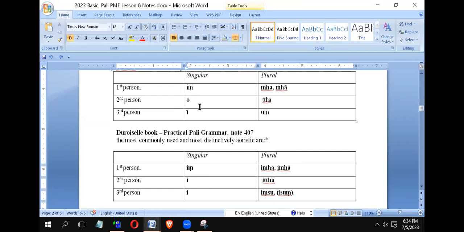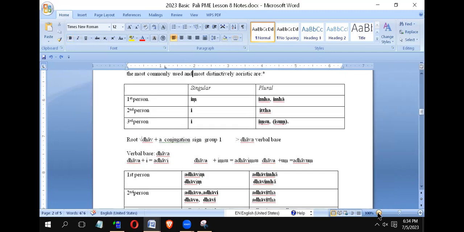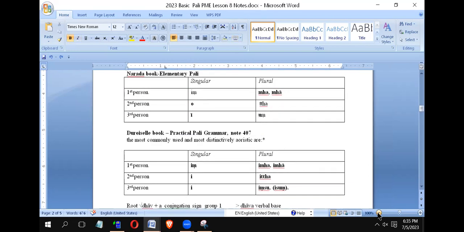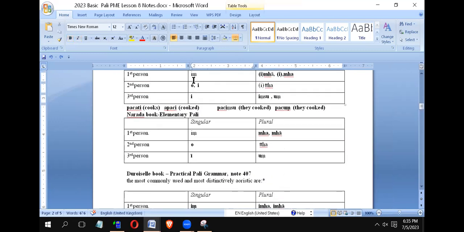No o here. So this means that this past tense Aorist has a different form according to different books. That's why sometimes I think it's also confusing. You can see Duracell, I, Narada, o, I, and Pāļi Made Easy, o, I, and I. All right.